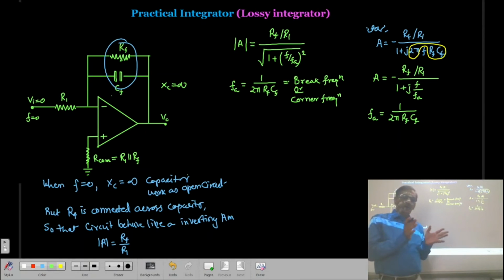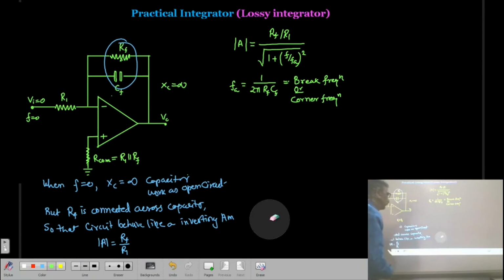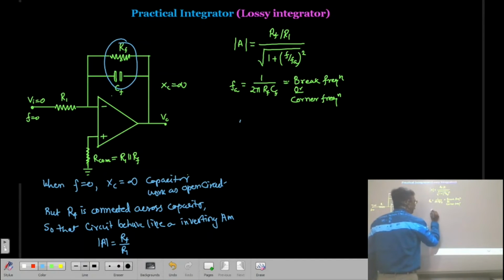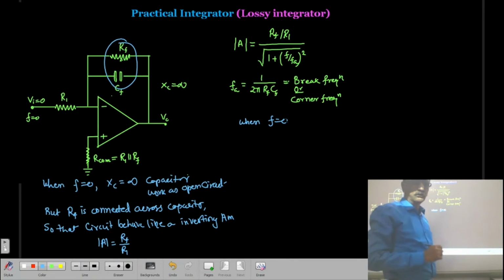Now we will see what will be the frequency response of your practical integrator circuit. Okay? Here, in this formula, when f is equal to 0, f equal to 0 means we applied a DC voltage.